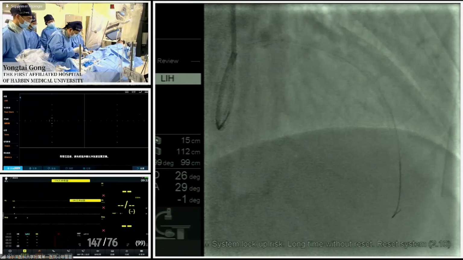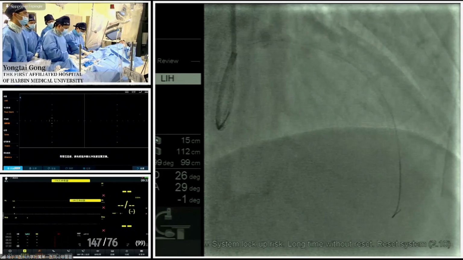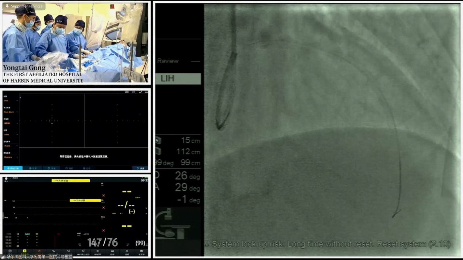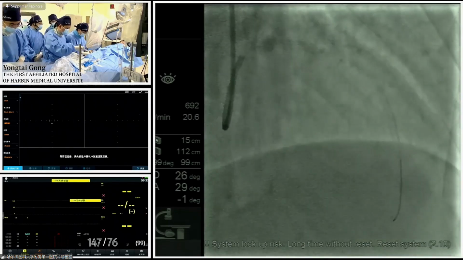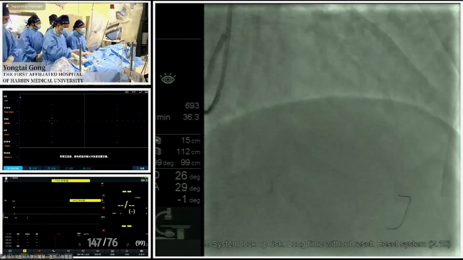Dr. Zhang, after the imaging we may know if we have to further optimize the stent. But if we have to do the POT, can any of you share any tips and tricks we can take when we perform the POT? The POT NC balloon should be very short.